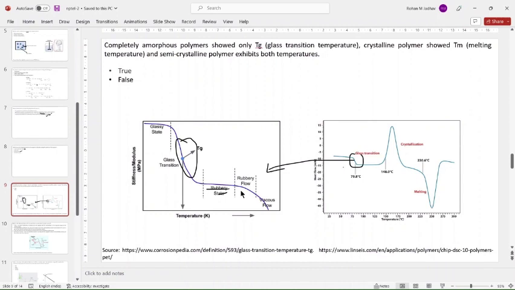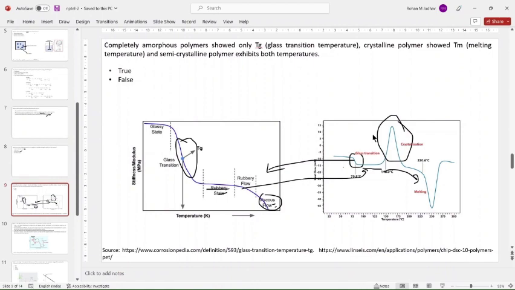So we go from the glassy state to the transition, then to rubbery, and when the rubbery state occurs, the chains start moving away from each other. It means that the polymer is no longer crystalline. This point is called the crystallization temperature.